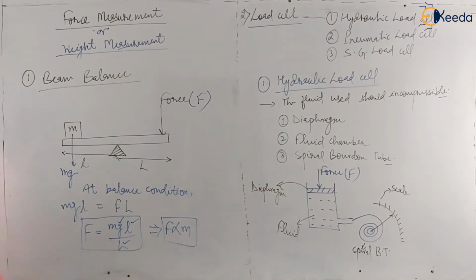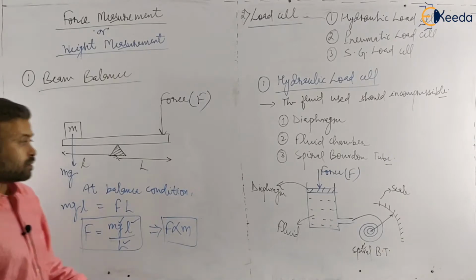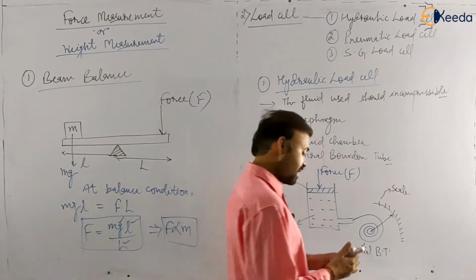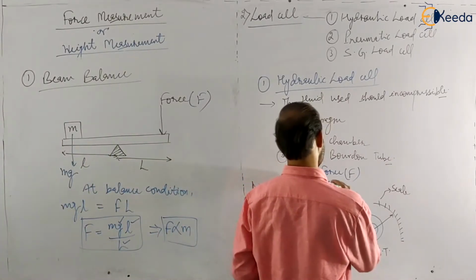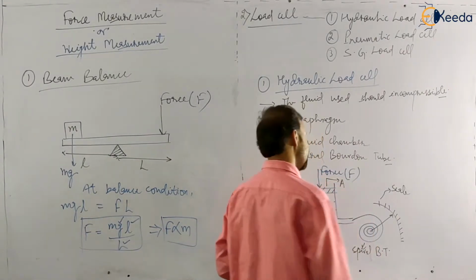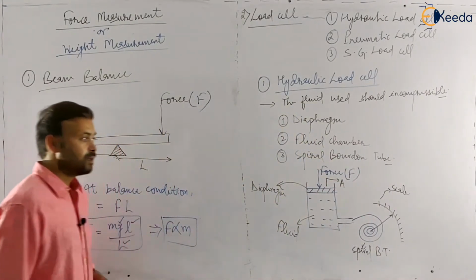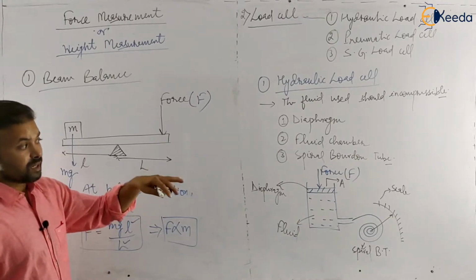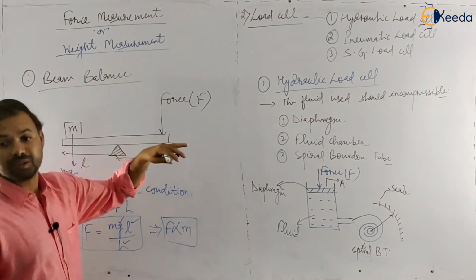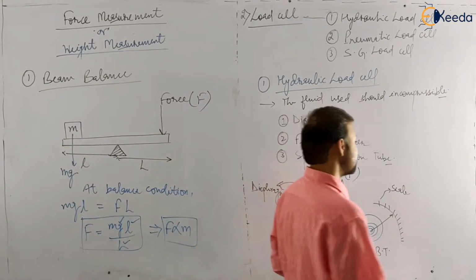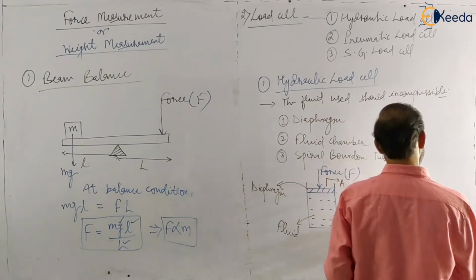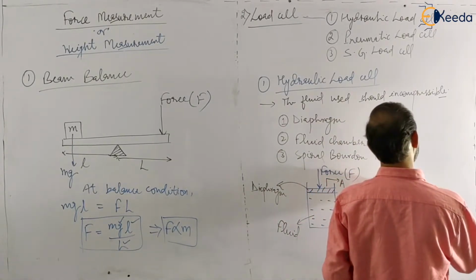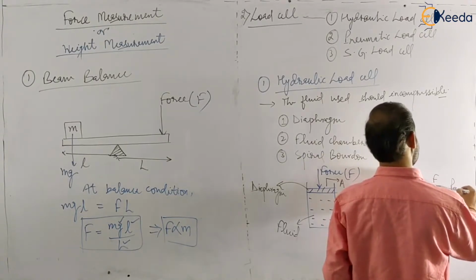Okay, clear? Now, if this diaphragm has area A, then what will be the pressure applied by this force? Pressure will be P is equal to F by A, Newton per meter square or Pascal.